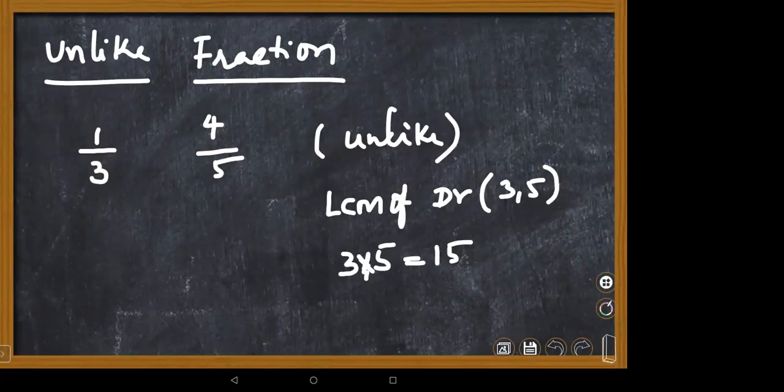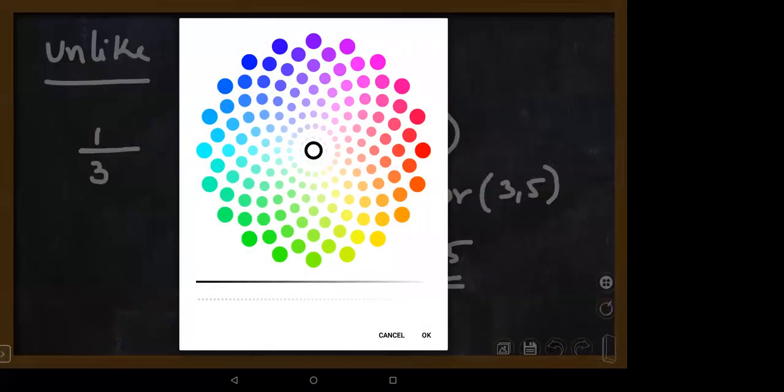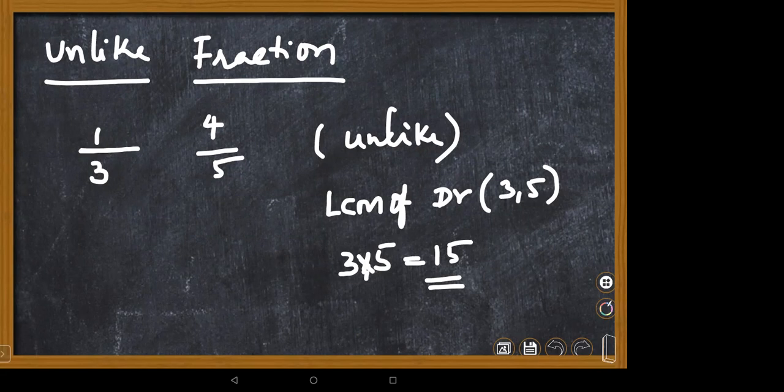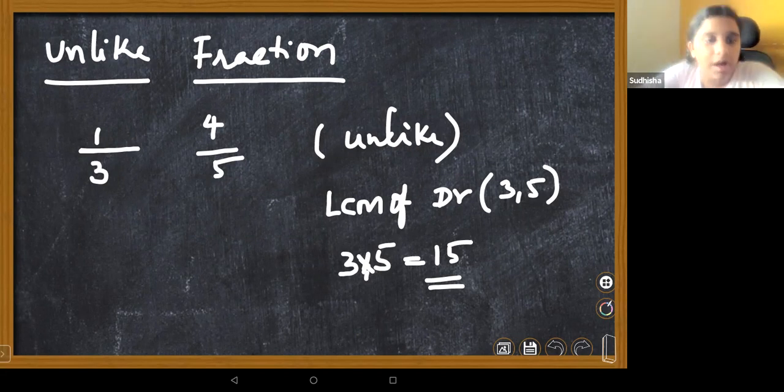If LCM is 15, you need to make them like fractions. What is your first denominator? 3. Your LCM is 15. You need to make 3 into 15. What number are you supposed to multiply with to make 15? 3 into 5, and 5 into 3.